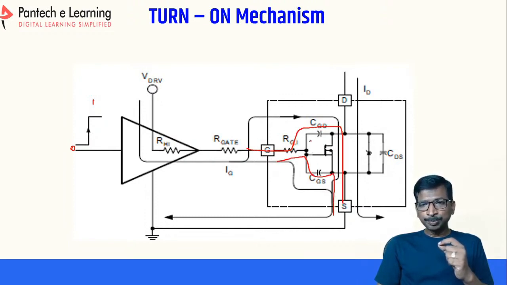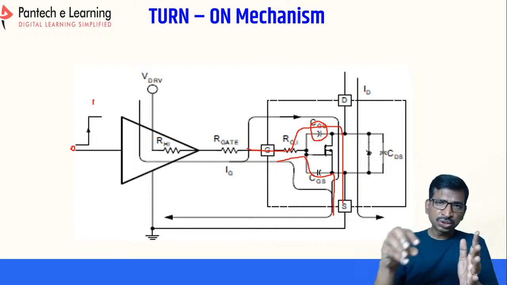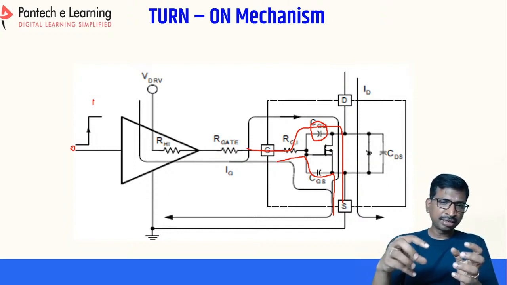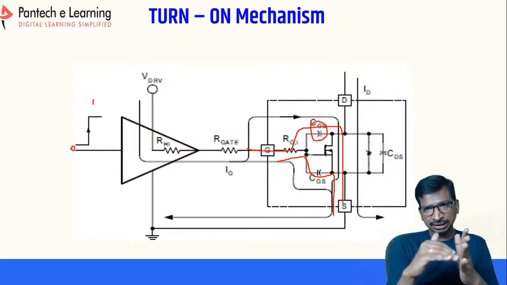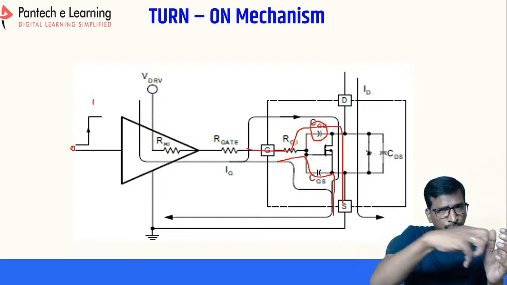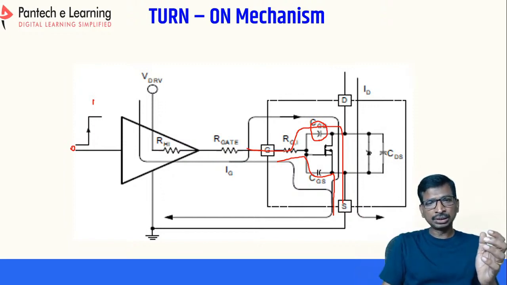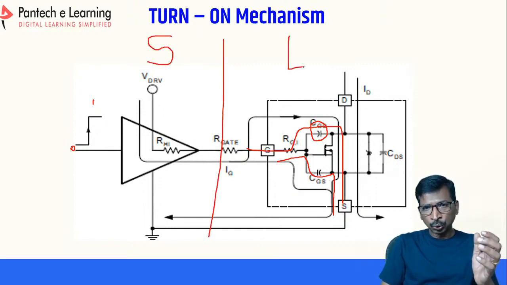During this period the capacitor will try to charge. If you apply DC voltage to a capacitor, what will it act as? Initially the capacitor acts as a short circuit, so it will pull a large amount of current from the source. Let us assume this is the source and this is the load.